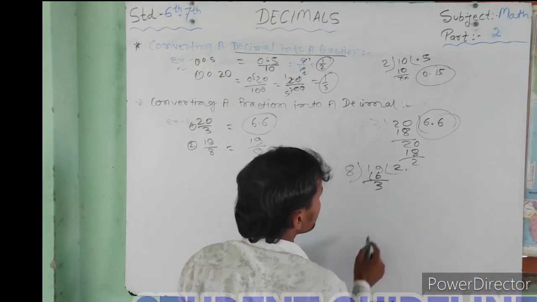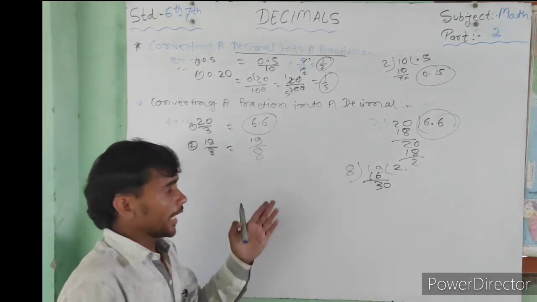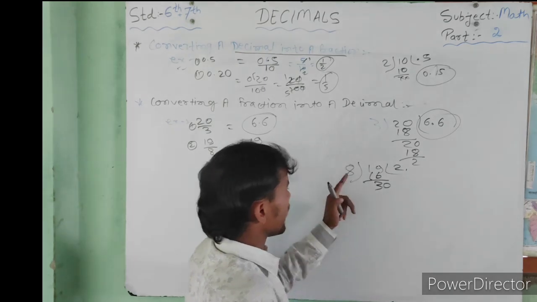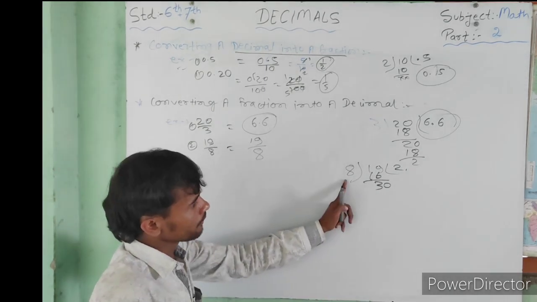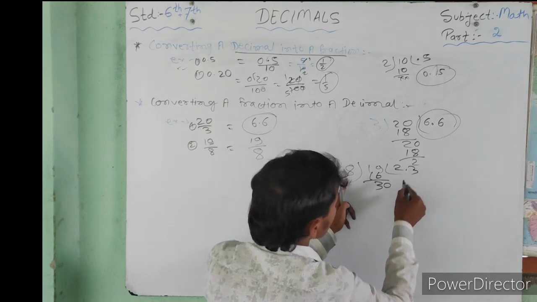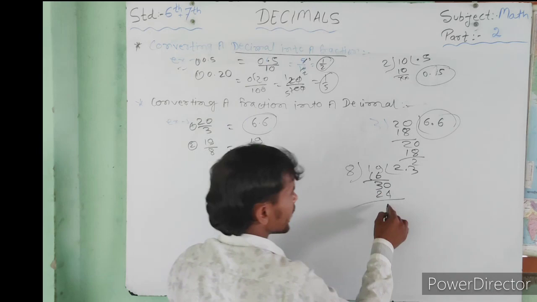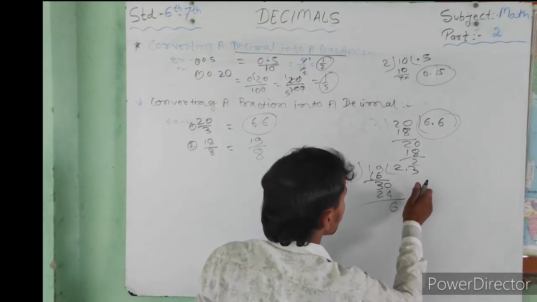Next, put the point here. 8 threes are 24, 8 fours are 32, and 8 fives are 40.